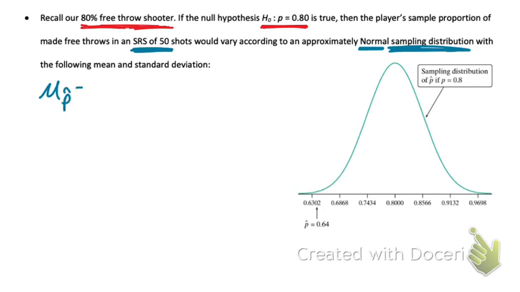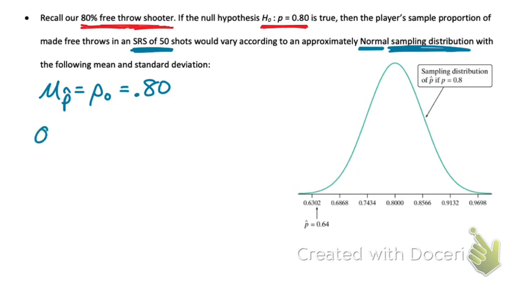The mean of p hat would be equal to his claimed value if he really is an 80% free throw shooter. That is the p naught, that is the claimed value. Do you guys agree that if he really is an 80% free throw shooter, he should be at 80% for his average? Okay, that would be his average, his claimed value.